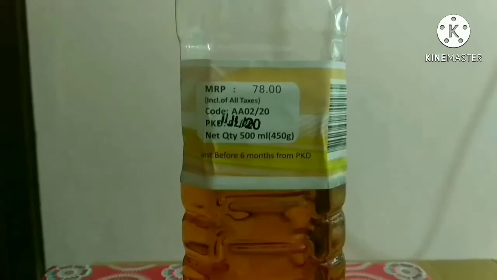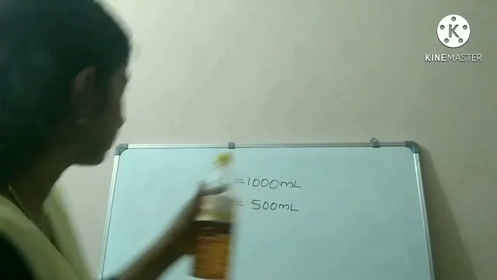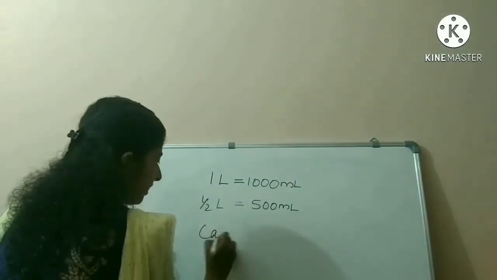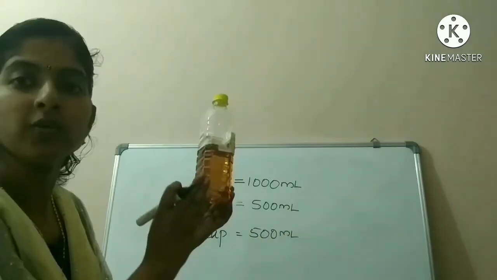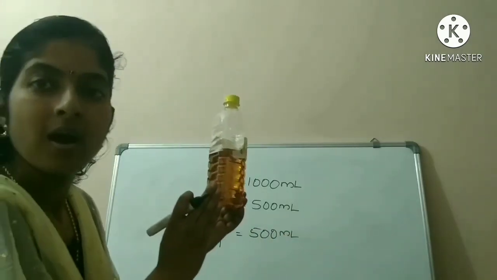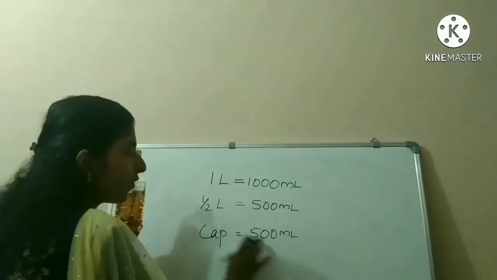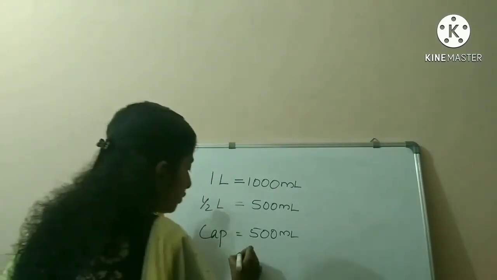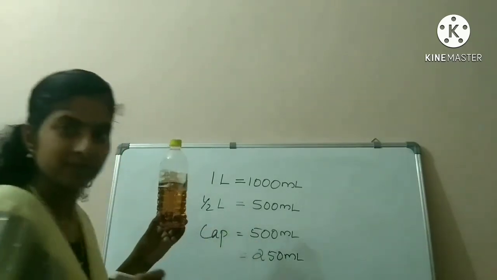See, the capacity of this bottle is 500 milliliter. Only half of the bottle has oil. So, half of this 500 is 250 milliliter.